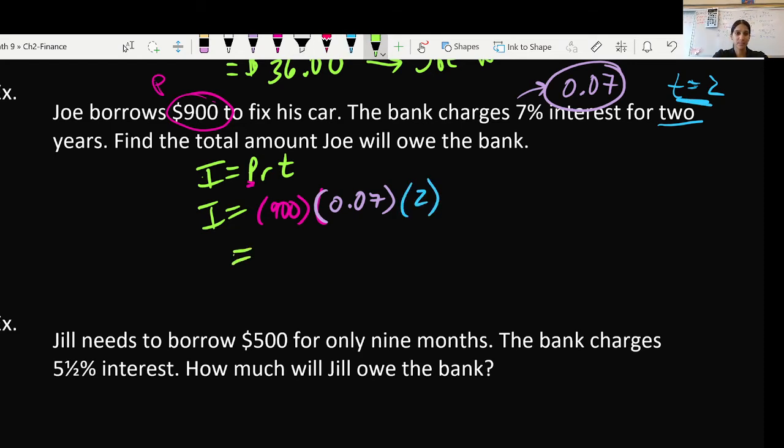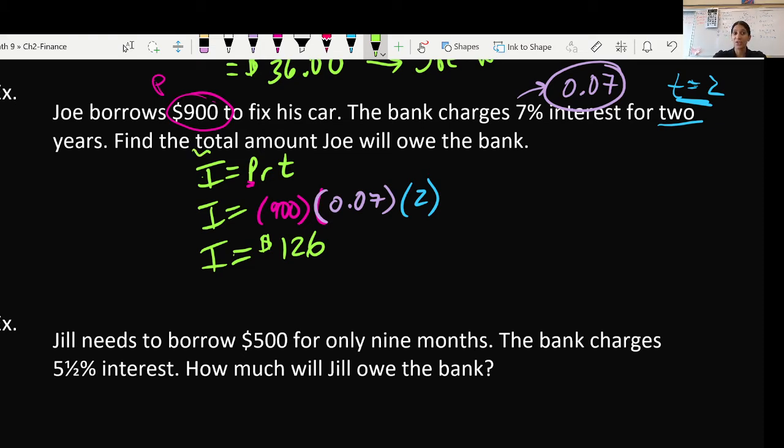So our first step is to multiply this all out together. When I multiply this all out together, I find that my interest is equal to $126.